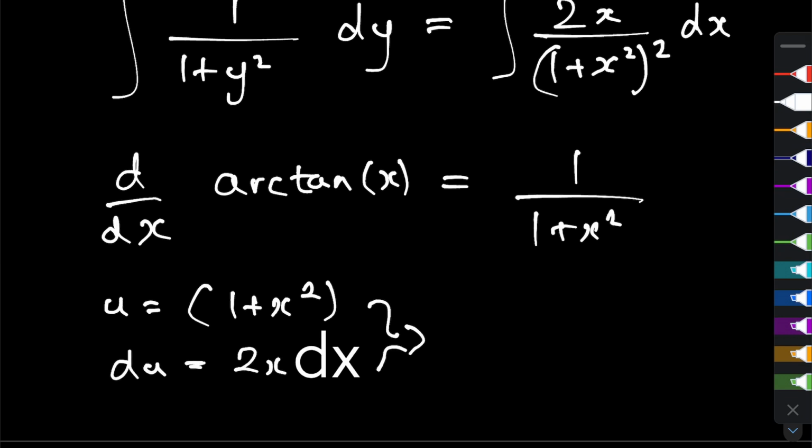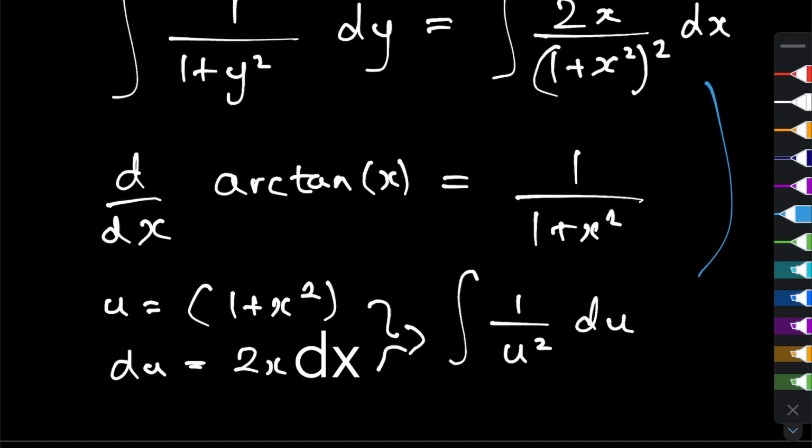And combining these two facts, we can rewrite that integral as the integral of 1 over u squared du. That's this over here. Amazing. So let's use both those ideas to rewrite both sides of this.